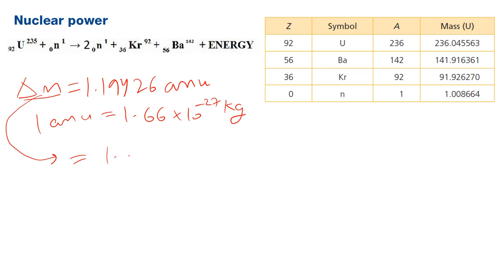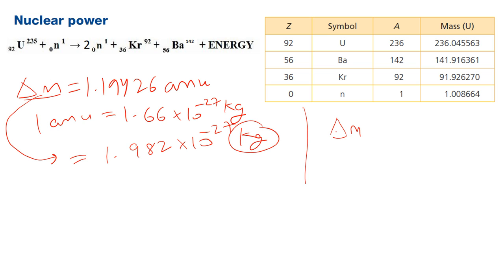1.982 times 10 to the power minus 27. Okay, so this is in kgs, right? So the principle is, if you have any mass defect, we need to multiply the mass defect.